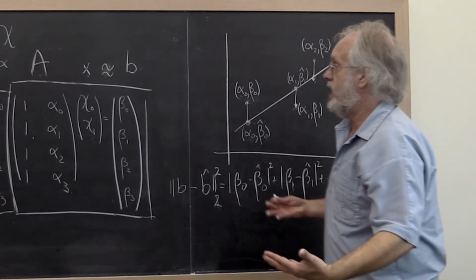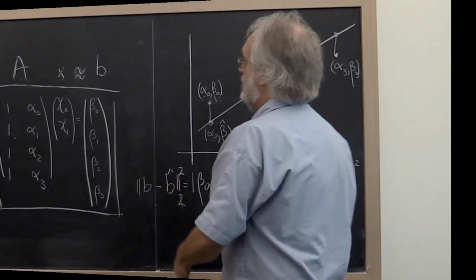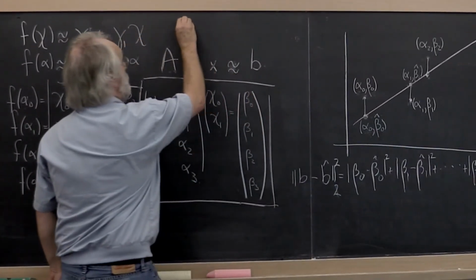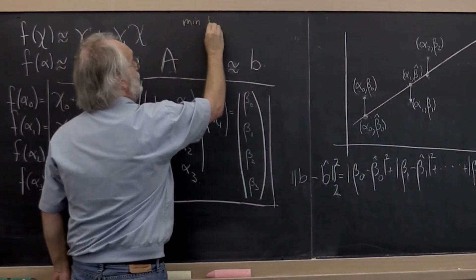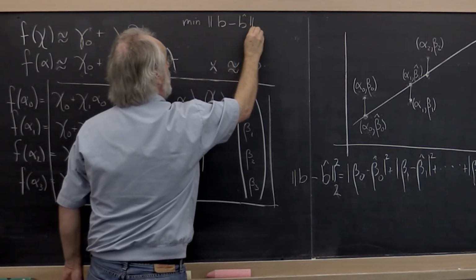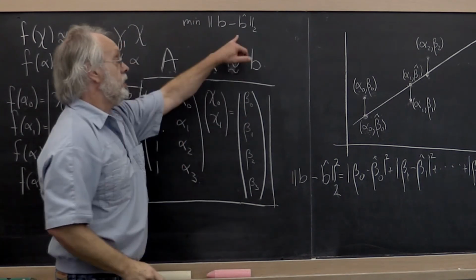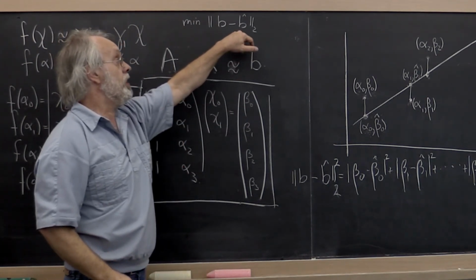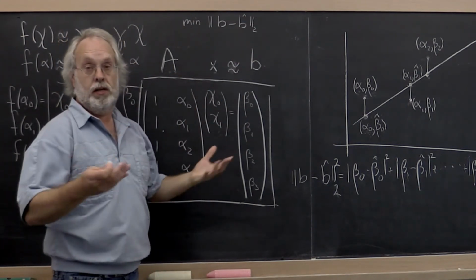So the way you can state this is you're trying to minimize b minus b hat in 2 norm, and you can drop the square because whether you minimize the 2 norm or the square of the 2 norm, you get the same answer.